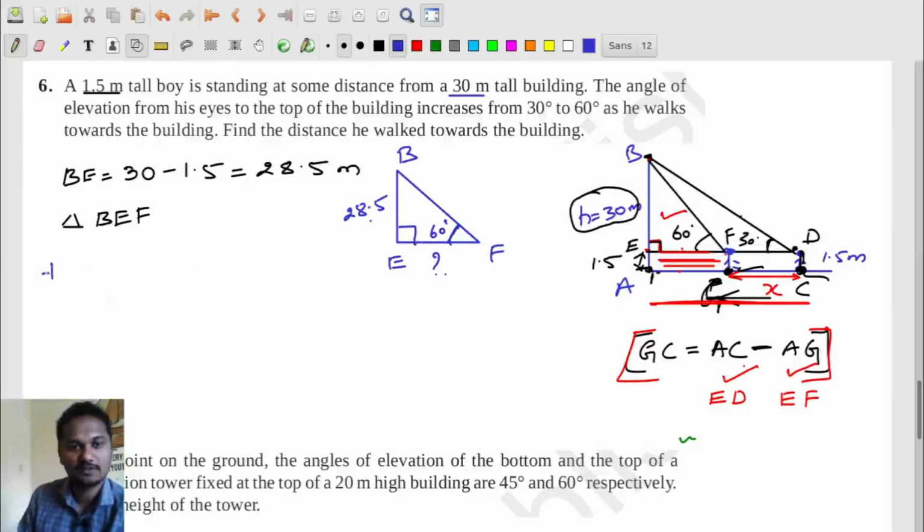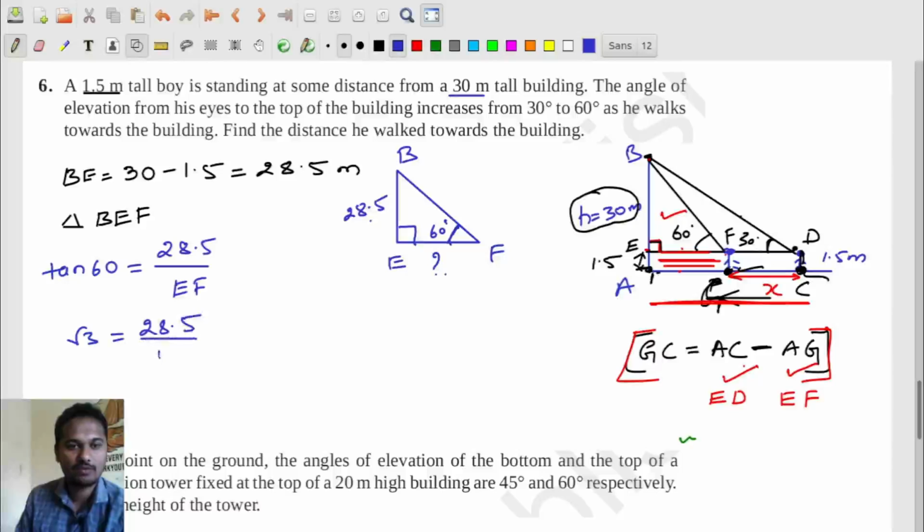That is our tan. So tan 60 is equal to 28.5 divided by adjacent, that is EF. So tan 60, root 3, is equal to 28.5 divided by EF. If you simplify this, you will get EF is equal to 28.5 divided by root 3.